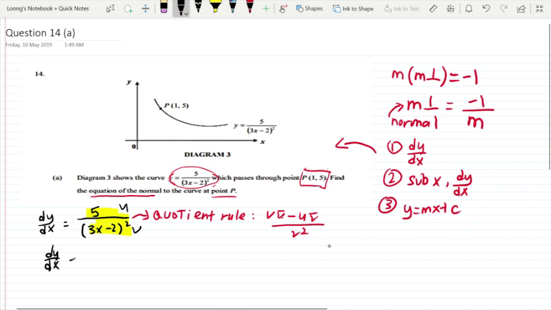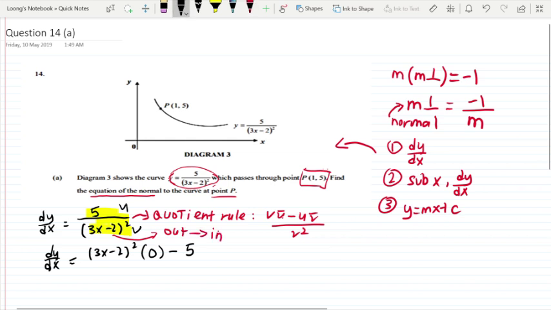We start off with v, (3x minus 2) squared, times the derivative of u. 5 is a constant which can't be differentiated, so it equals 0, and minus u, which is 5, times the derivative of v. For v, when dealing with this kind of question, we differentiate from the outer part towards the inner part.